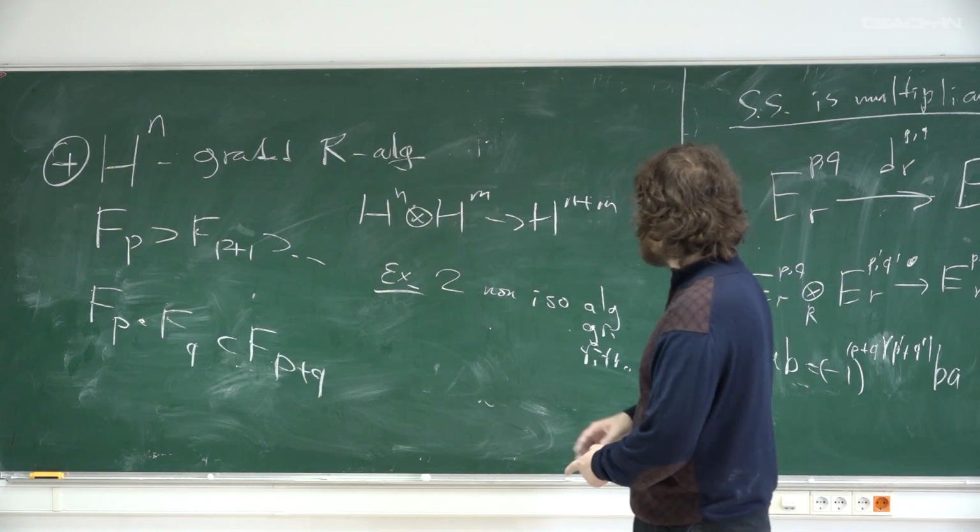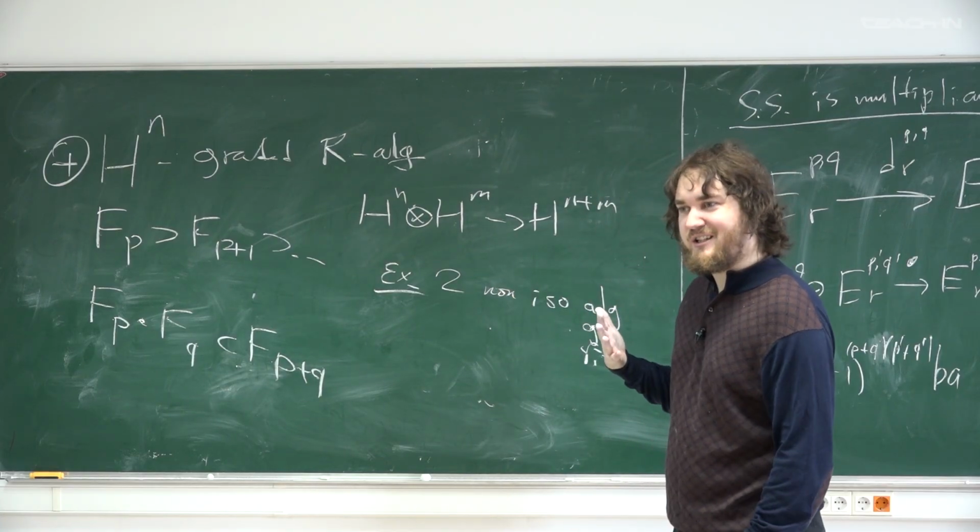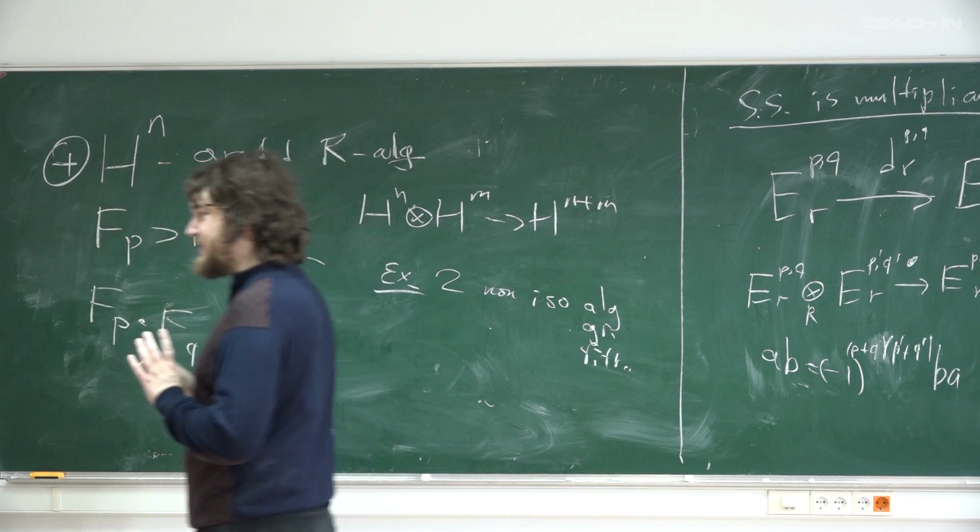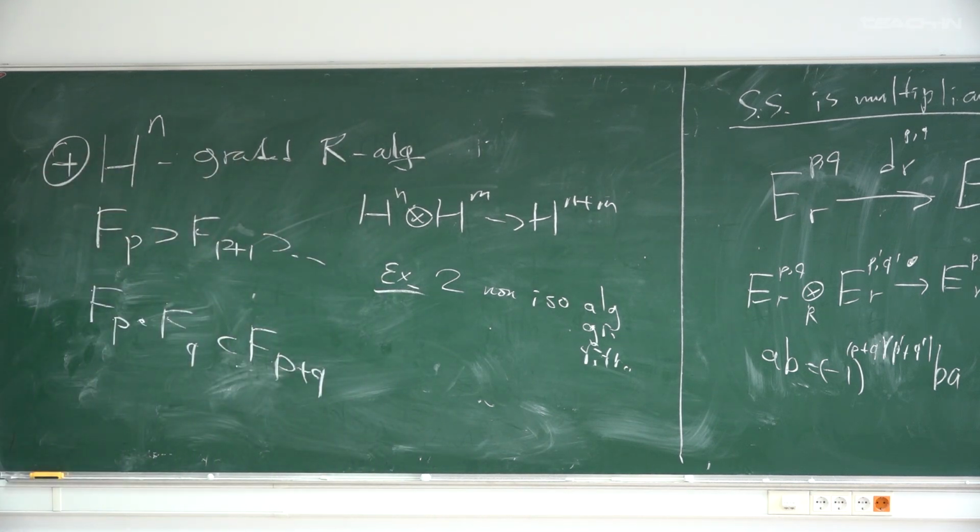So in fact, do you understand? I said it by words. Okay. Give me two examples of two graded algebras with multiplicative filtrations, such that the algebras are not isomorphic, but on quotients you obtain isomorphic multiplications.